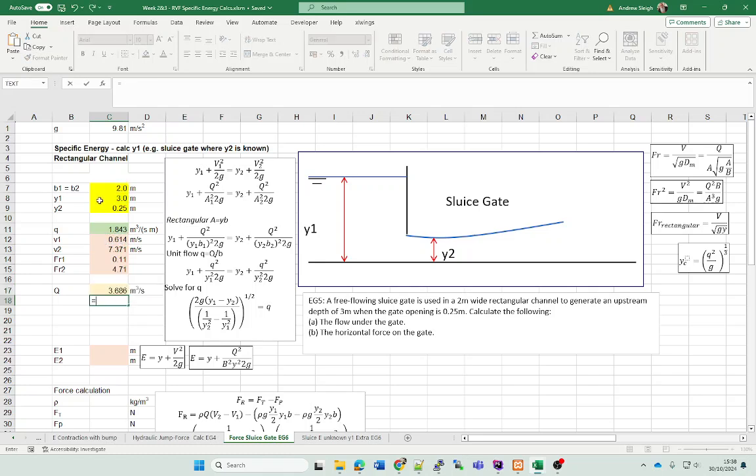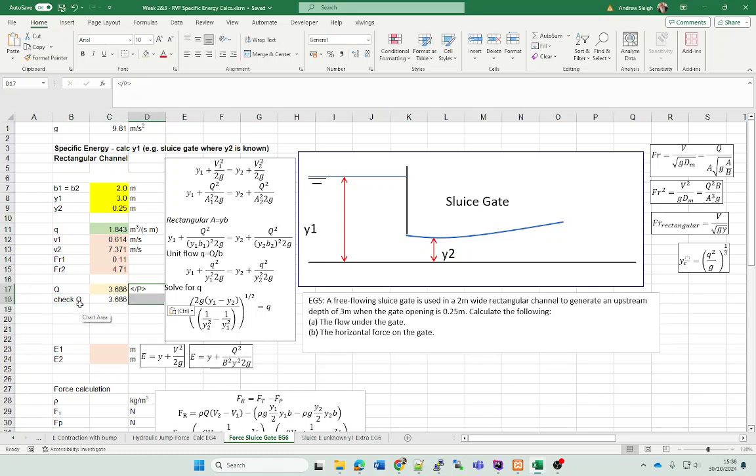Let's just try this. Y2 times b times velocity 2. Yeah, let's get the numbers of decimals the same. We get the same number, so that's just as a check.